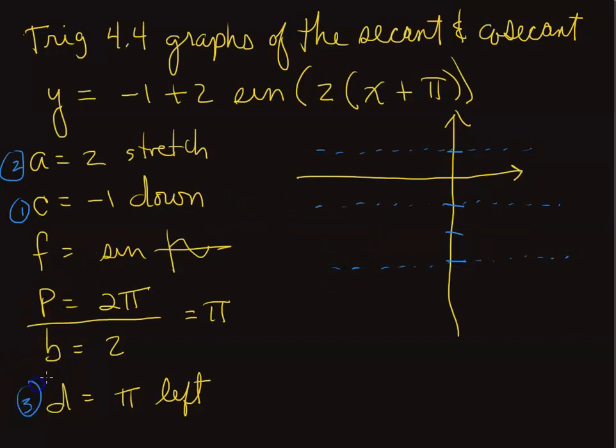Normally the sine function starts at the y-axis. Now it's going to start pi units to the left. And normally it ends 2 pi units later, but now it's going to end pi units later.